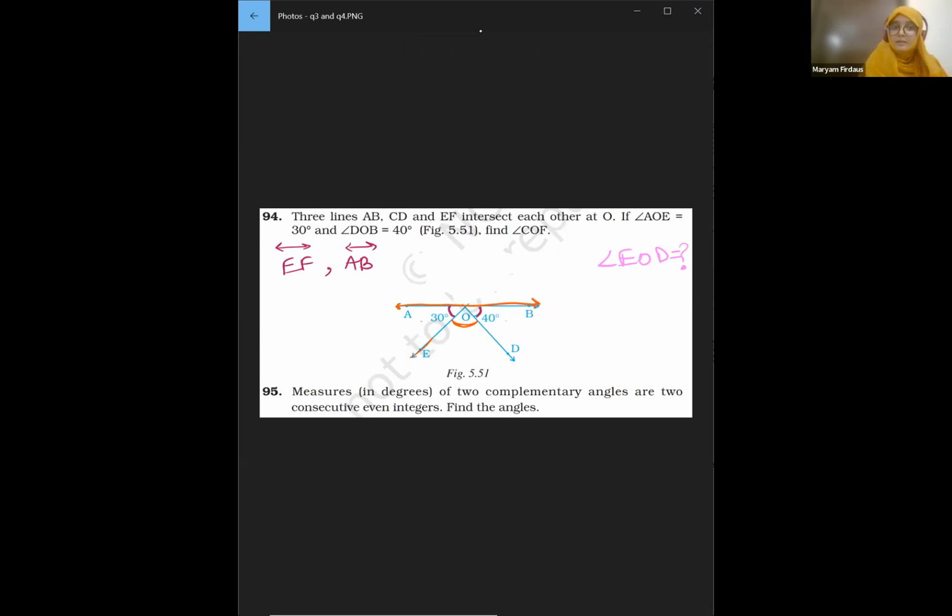Yes? 180 degrees. Yes. So when you add all three of them, you get 180. So basically 30 plus 40 plus, let's say this angle is x. Okay. 30 plus 40 plus x gives you 180. So 30 plus 40 is what? 70, right? So 70 plus x gives you 180.